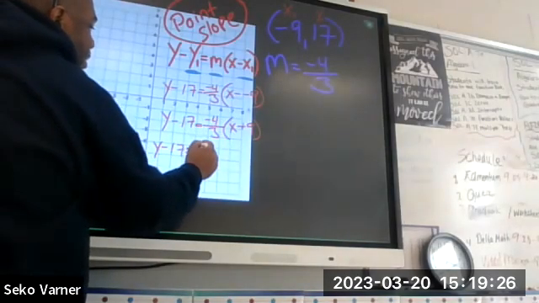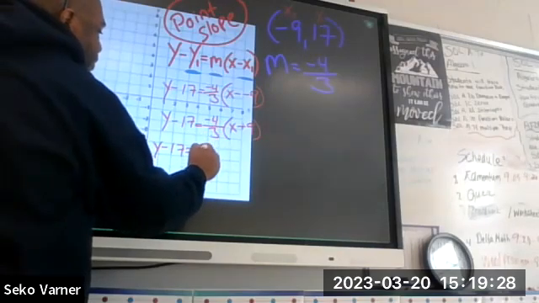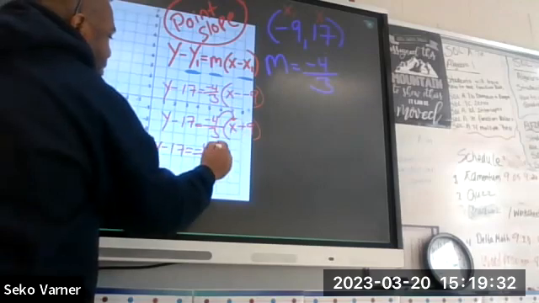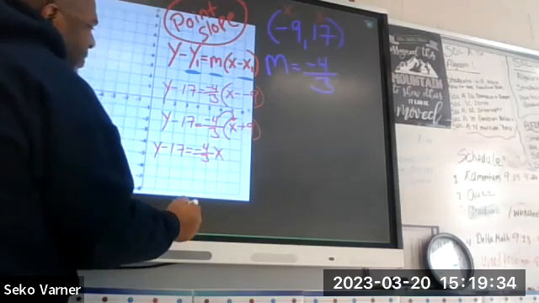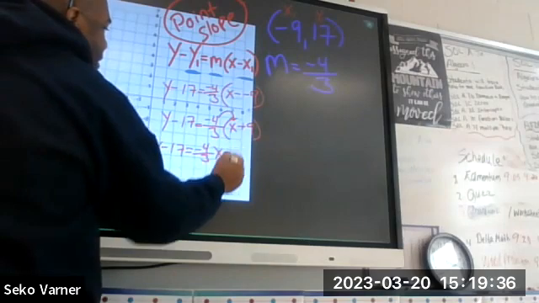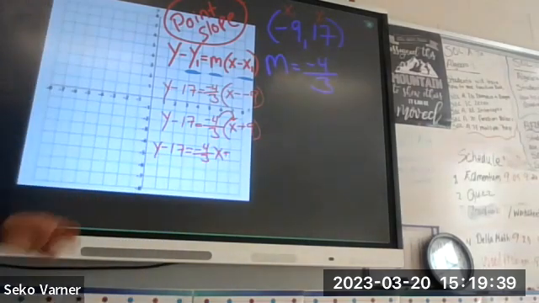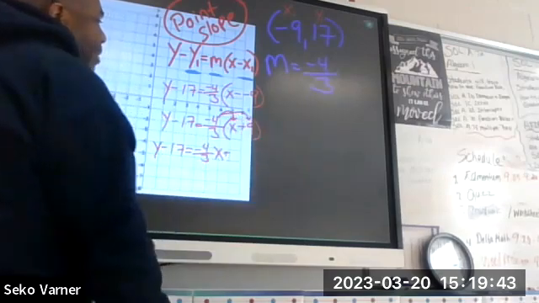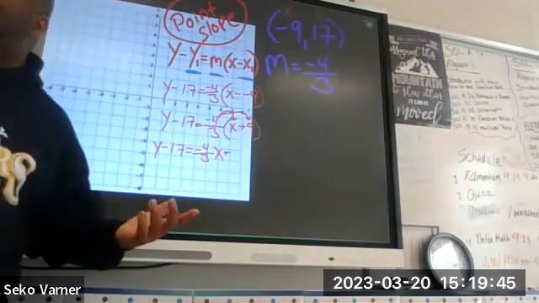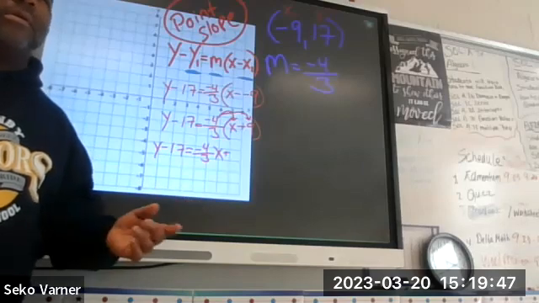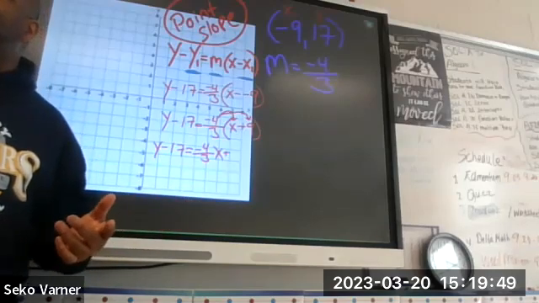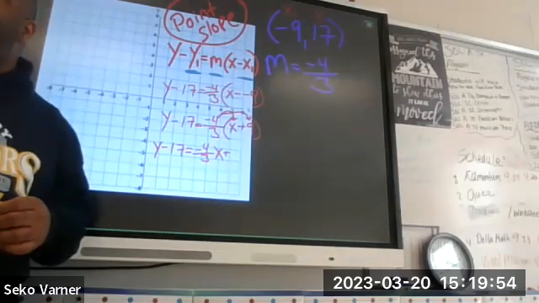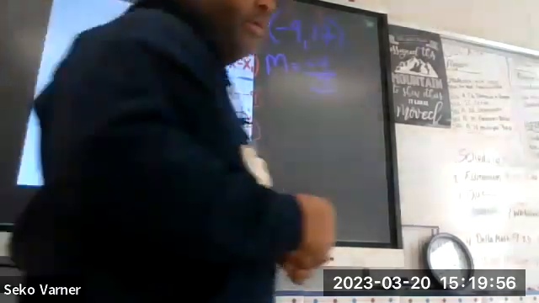Now -4/3 times x would just be -4/3x. And then I'm going to multiply -4/3 times 9. So 9 times 4 is 36.